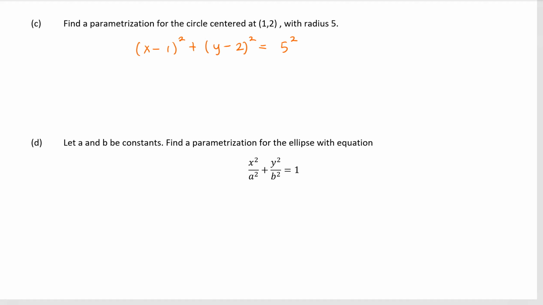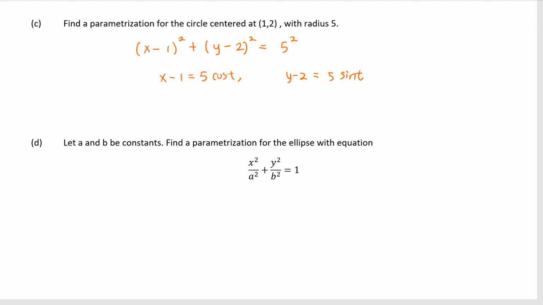Because r is 5, we will have x minus 1 is 5 cosine t, y minus 2 is 5 sine t.